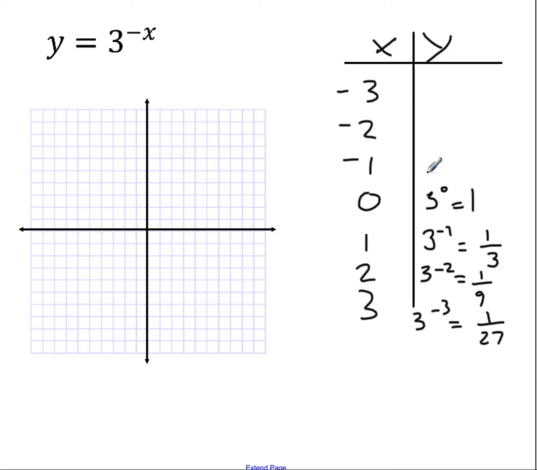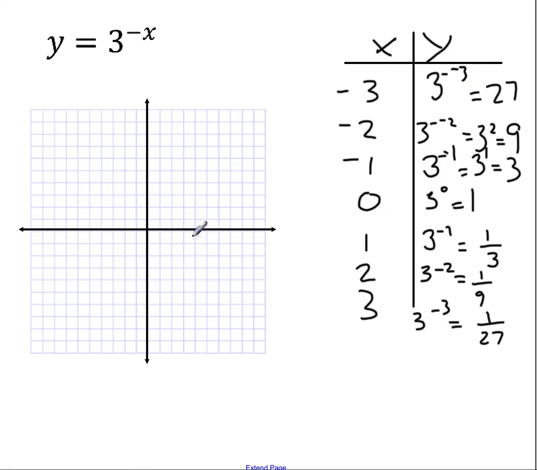So let's go to this one. 3 to the negative first is just 3 to the first, or 3. 3 to the negative second is just 3 to the second, or 9. 3 to the negative third is just 27. So actually, this ends up being the other direction.